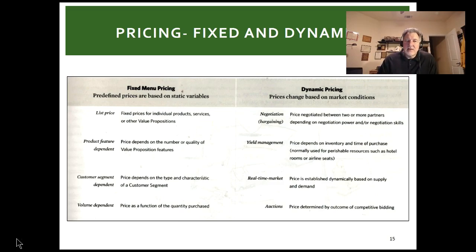Volume-based, with discounts. Negotiation, which has been negotiated between two partners depending on skills. We see this in terms of acquisition of companies, and it can be in terms of acquisition of real estate. Yield management, which depends on inventory and time of purchase, e.g.